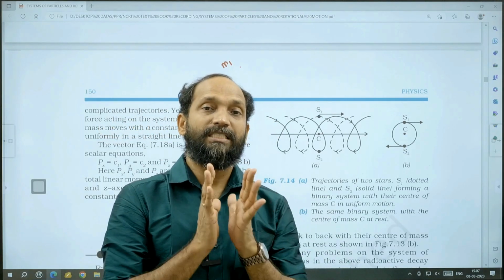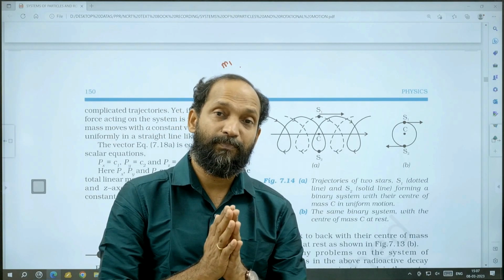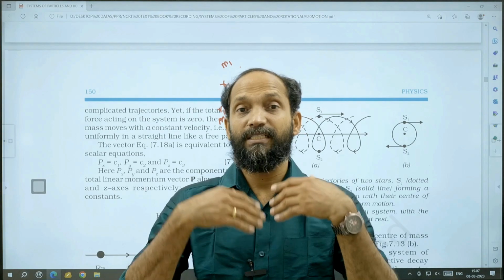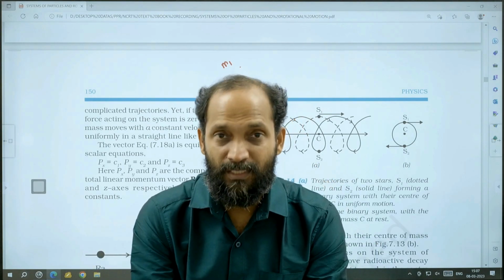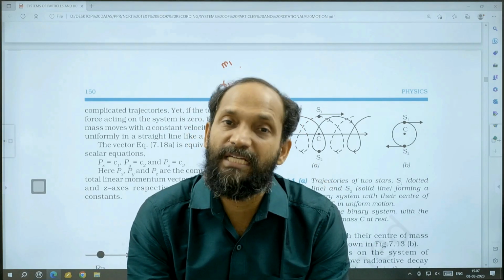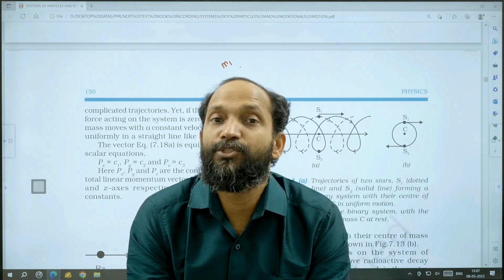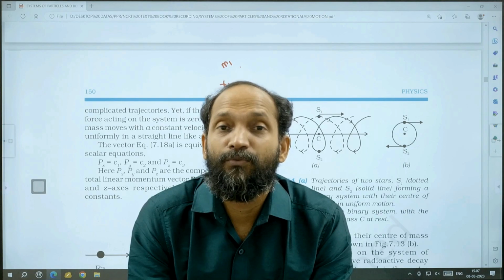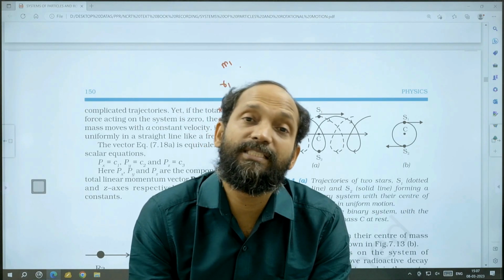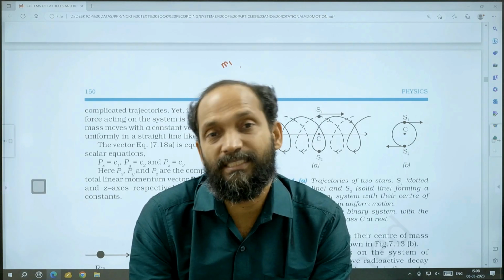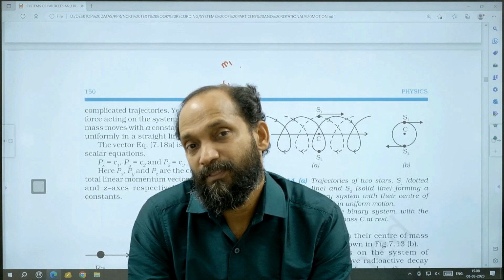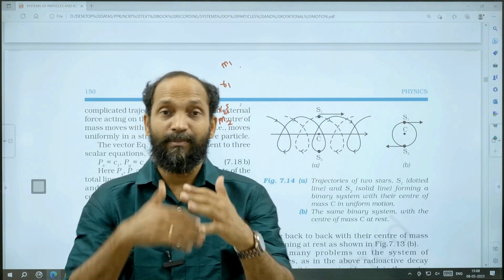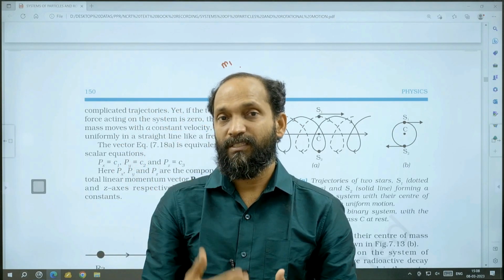As the stars have different masses, these two stars will undergo circular motion of different radii, but with the same center. So each of the stars in a binary system will move in concentric circles with different radii. Always each of the stars will be at diametrically opposite points.